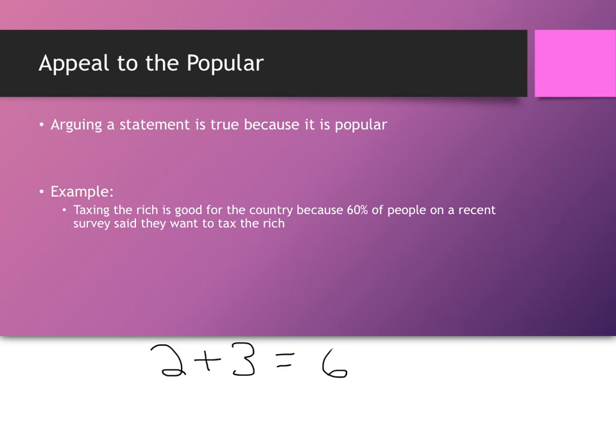Now, a lot of people may think 2 plus 3 is 5. Now, 2 plus 3 is 5, but not because a lot of people think that. It's 5 because that's what it is, right? So, my point is to say the reasoning that a lot of people think it, so it must be true, is incorrect.